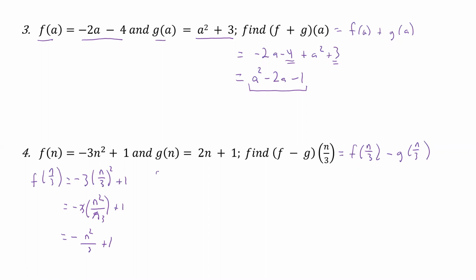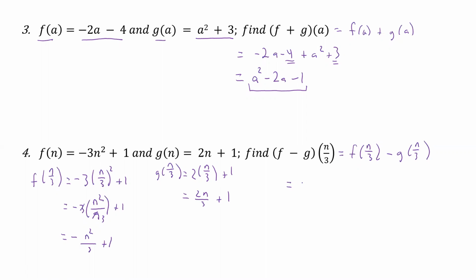Now the second piece, g of n over 3 is equal to 2 times n over 3 plus 1. Well, this one's a little simpler. That's just 2n over 3 plus 1. Now it tells us to subtract them.